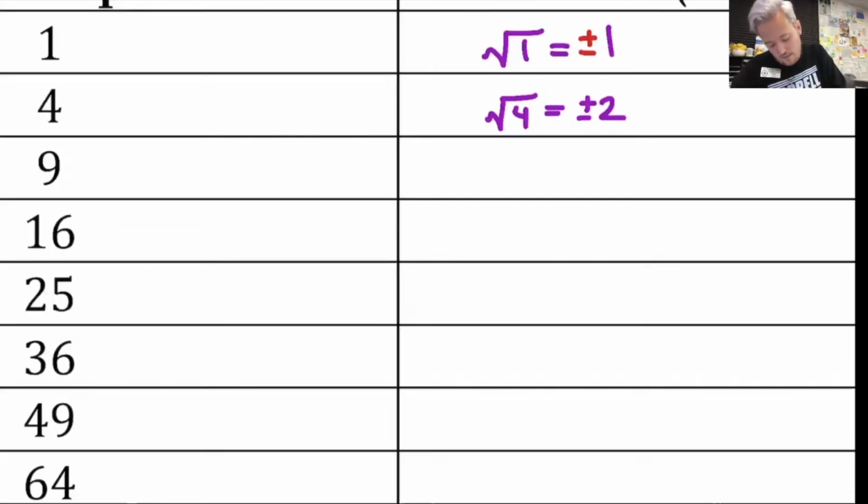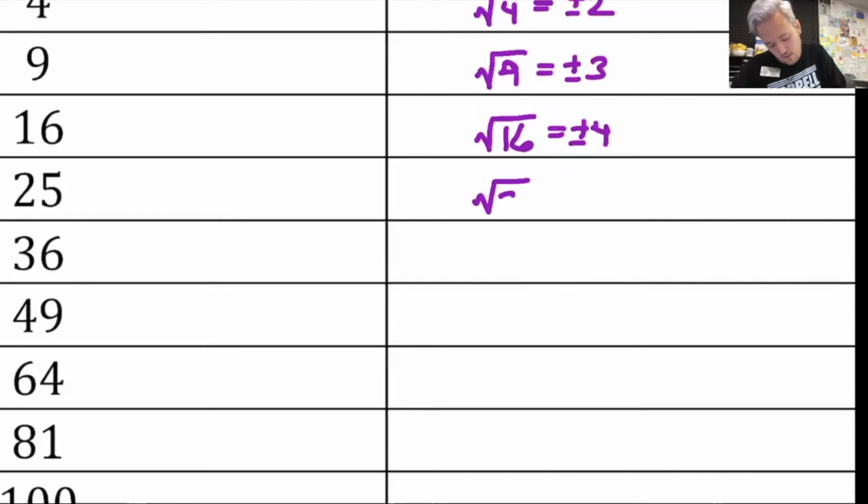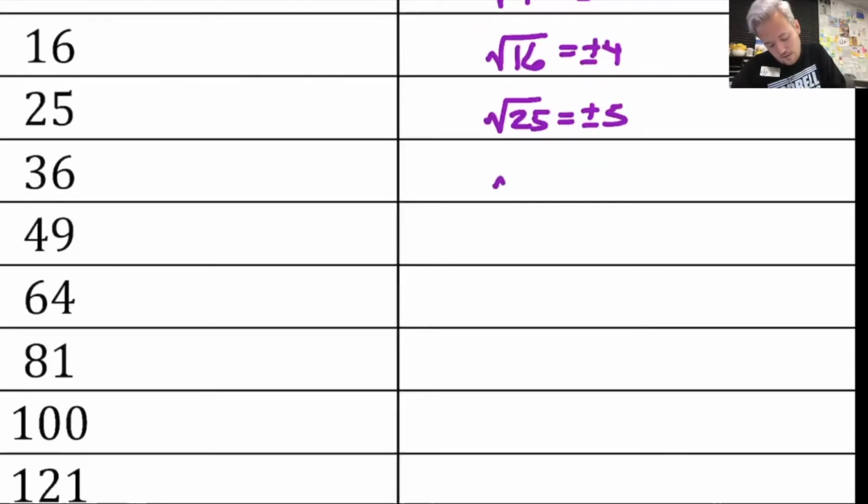If I keep the pattern going, square root of 9, we get plus or minus 3, square root of 16, plus or minus 4, square root of 25, plus or minus 5, square root of 36, plus or minus 6, square root of 49, which is plus or minus 7.